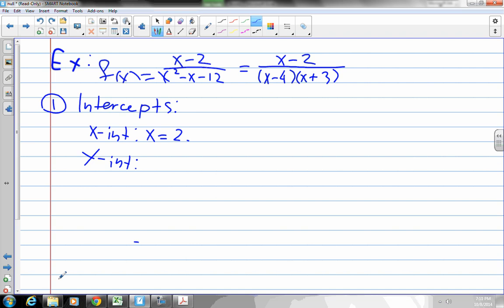It's negative 2 over negative 12, so y equals 1 over 6. You're setting x equal to 0, so you're only left with constants. So I can start sketching the graph of this thing. So 1/6 is right here, and positive 2 is right there. Here are my 2 intercepts.